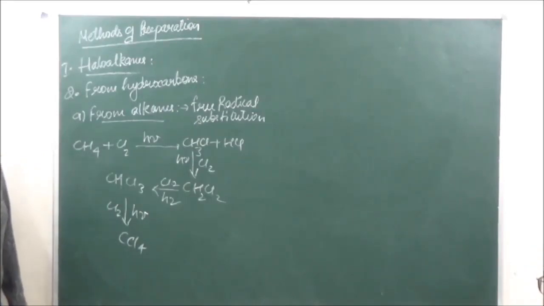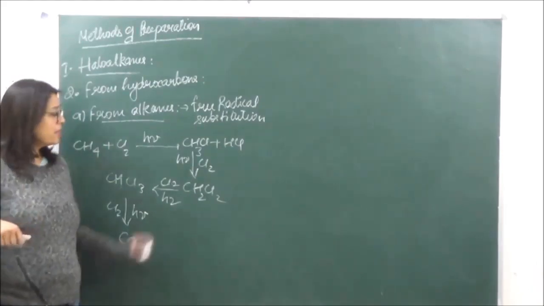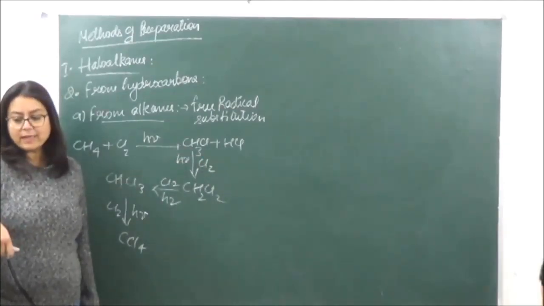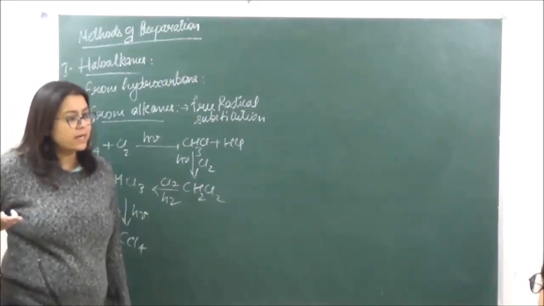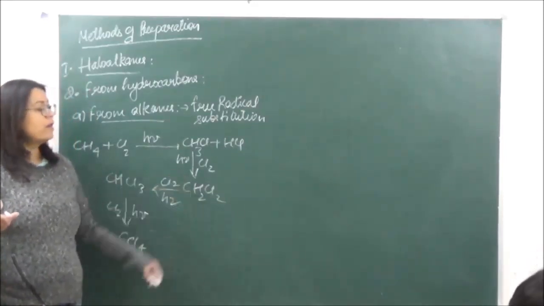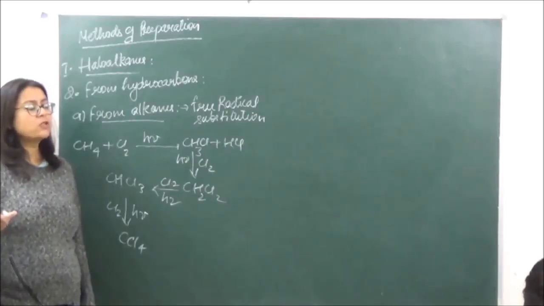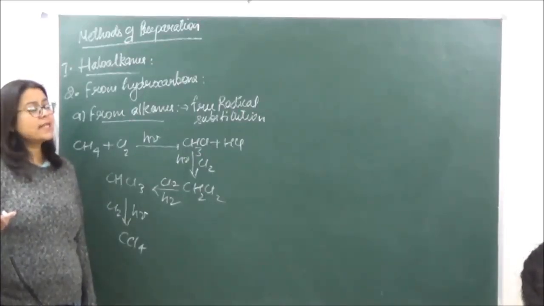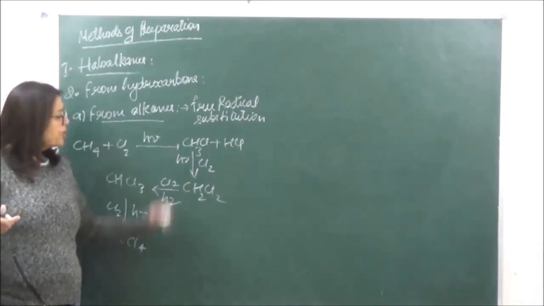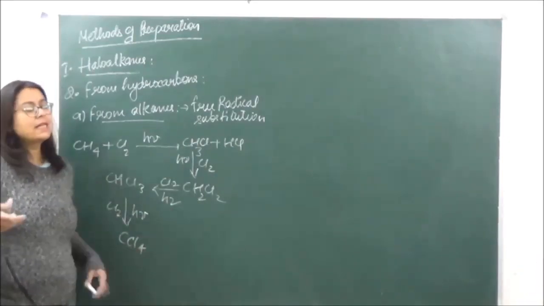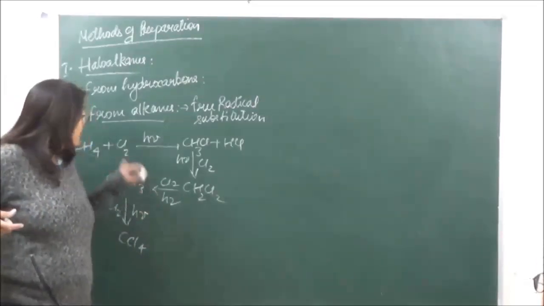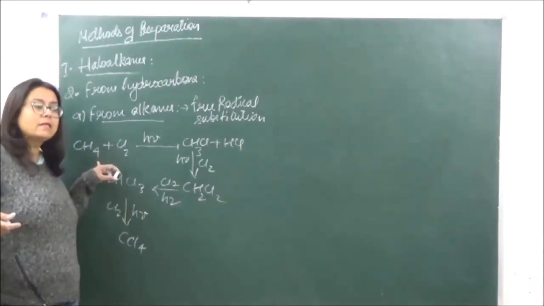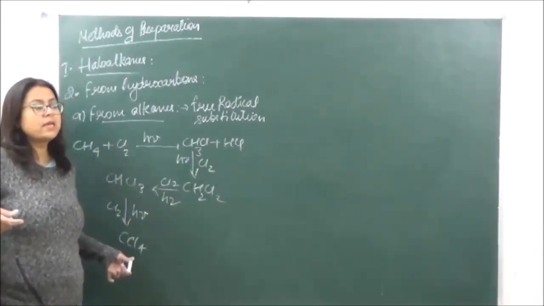But still, when we are doing this free radical substitution reaction, in some places this method is suitable. For example, where you have to use the haloalkane as a solvent. Okay, we have to use the haloalkane like a solvent. So if you are using it as a solvent, it is not essential that we should have a pure solvent. So even if we have a mixture of all of these, that can be used. So in that case, if you're using the haloalkane as a solvent, we can prepare carbon tetrachloride by this method, or we can prepare CH3Cl by this method.